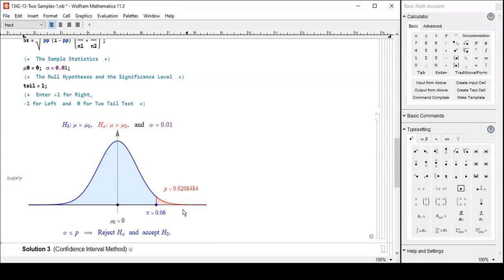It's the same probability computation, as a matter of fact, and it is 0.02 something, so 2% is greater than 1%. So if you use the significance level of 1% as the threshold, then the probability that null is right is larger than your cutoff line. So it's likely that null is right, and we go with the null hypothesis.